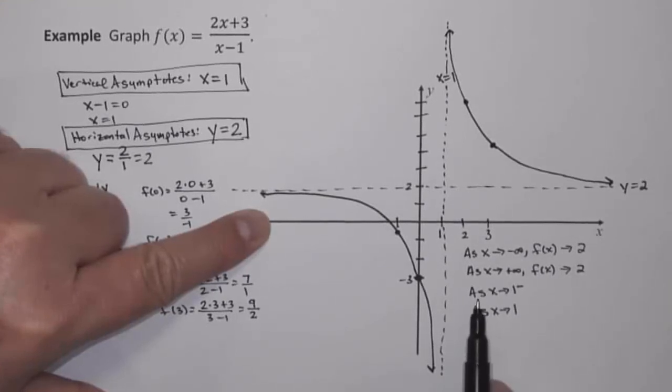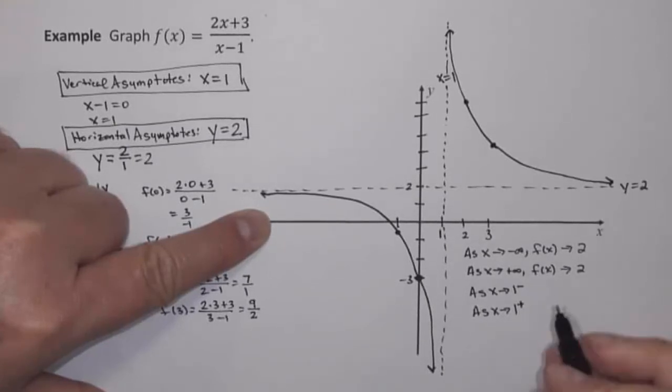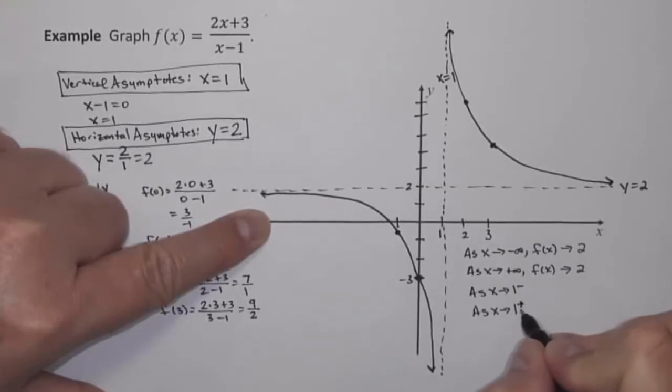So this is saying as x approaches 1 from the left. That negative sign means from the left, to the left of it. And as x approaches 1 from the right, then I'm going to indicate with a superscripted plus sign behind it. So this is x approaches 1 from the left, x approaches 1 from the right.